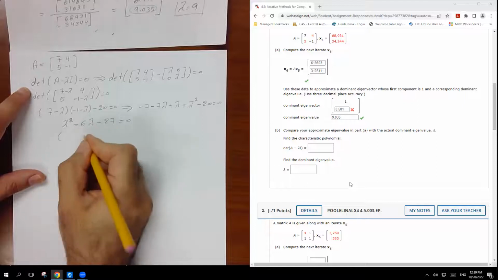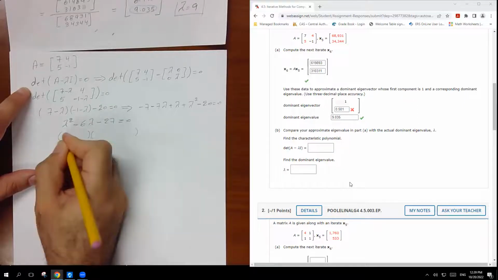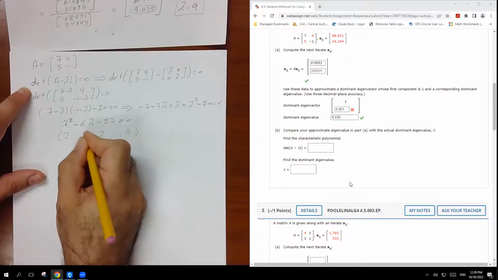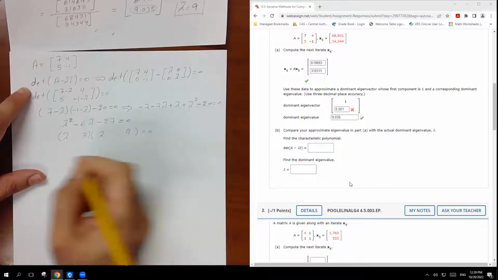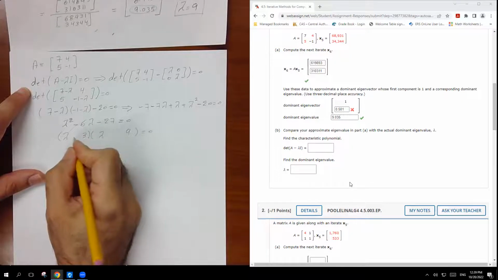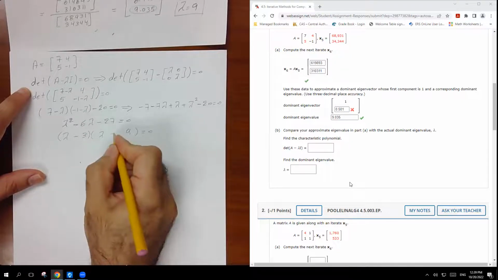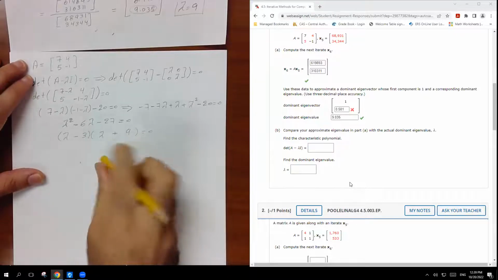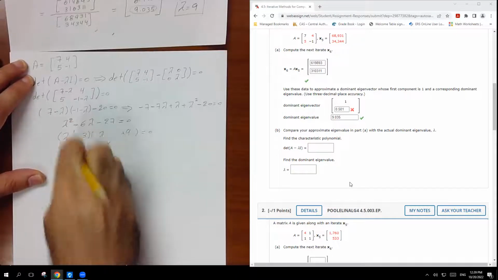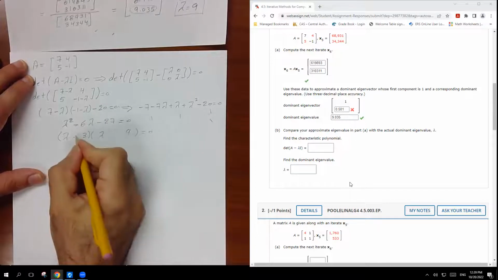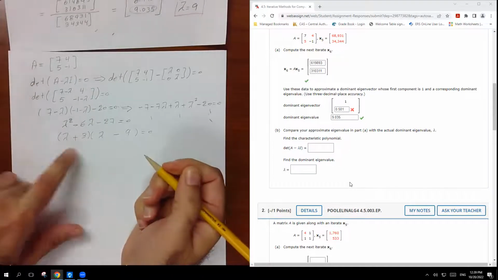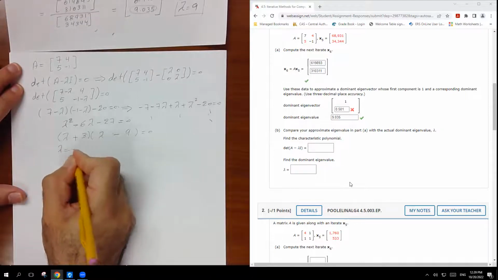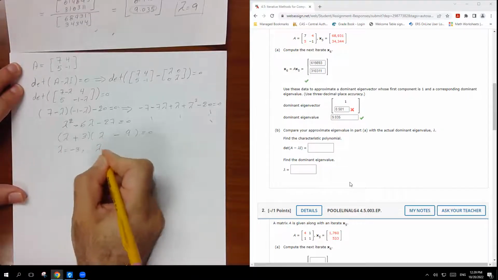Now if you factor this one, lambda and lambda, we're going to take 9 and 3. We need to get -27 and -6. If we put positive here, it's not going to work. Let's put positive on this side and negative here. So it's going to be 3 lambda, -9 lambda. That means lambda equals -3 and lambda equals 9.